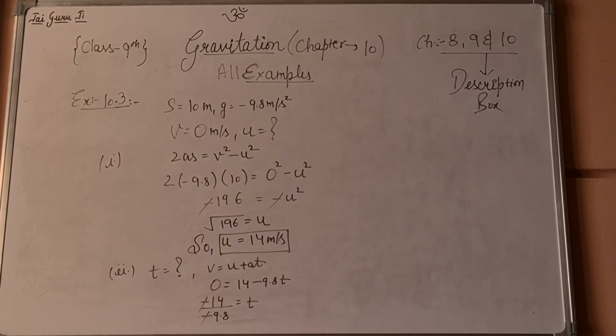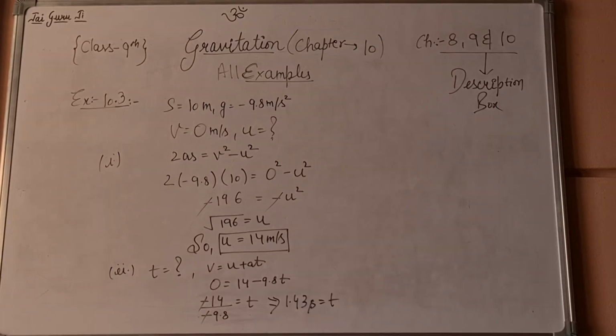So v equal to u plus at, so v is 0, u is 14, a is minus 9.8 and t is to be calculated. So 0 is equal to 14 minus 9.8 into t. So 14 is positive here, so it will be negative. So minus 14 upon minus 9.8, that is 1.43 seconds, because second is the unit of time.